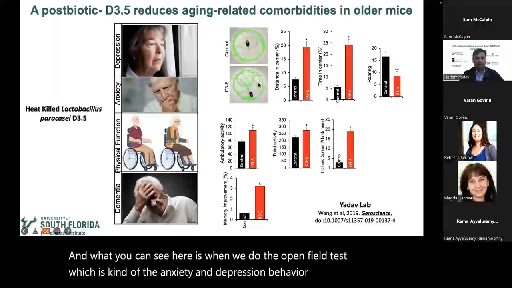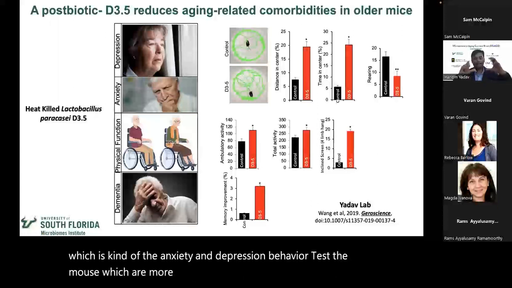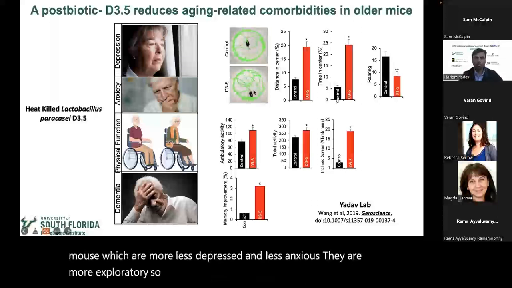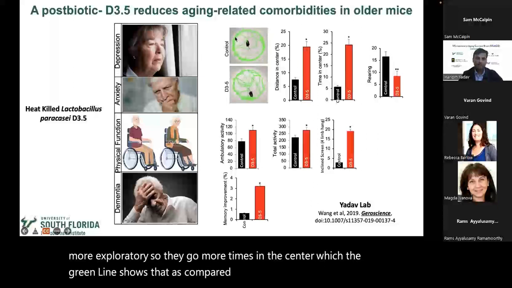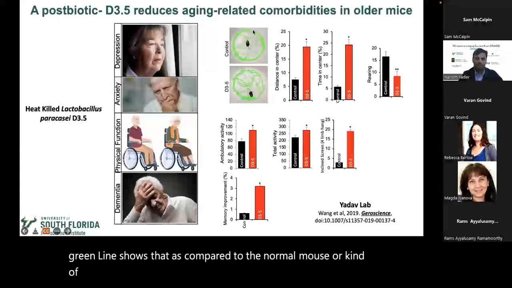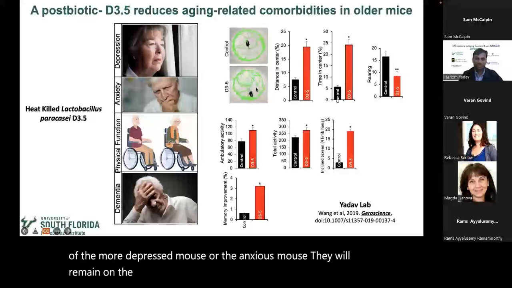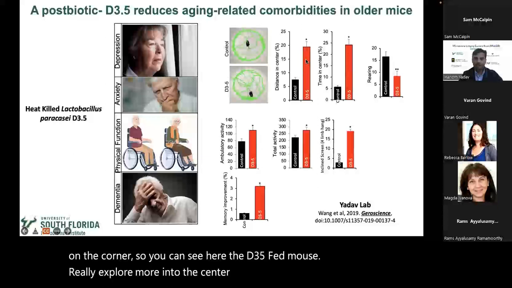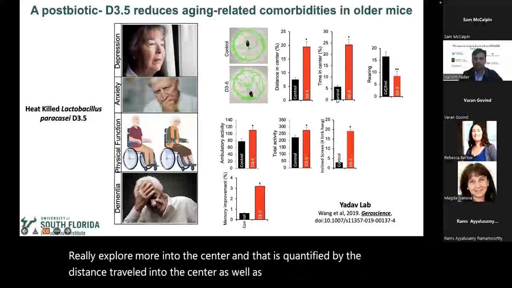Mice that are less depressed and less anxious are more exploratory, so they go more times into the center, which the green line shows. Normal, more depressed or anxious mice remain in the corner. The D35-fed mice really explore more into the center, quantified by the distance traveled and the time spent in the center.